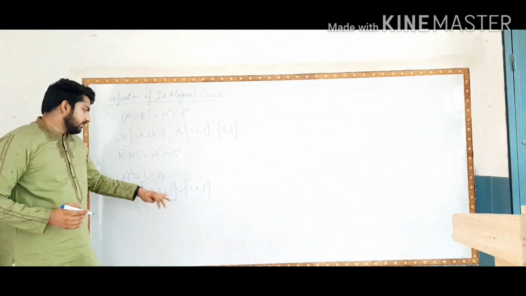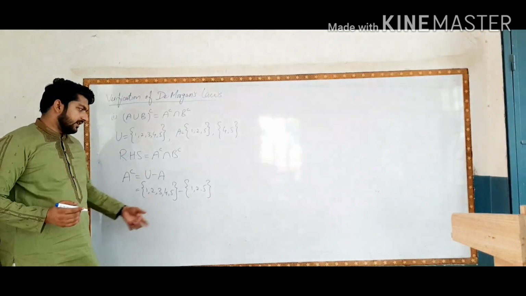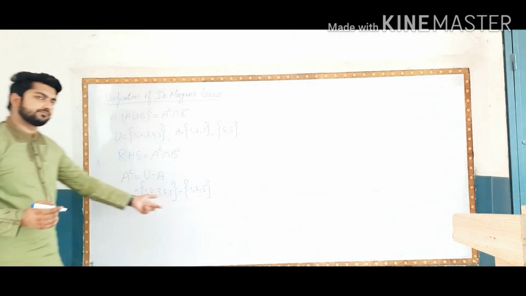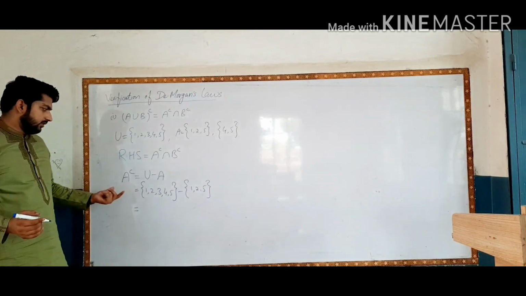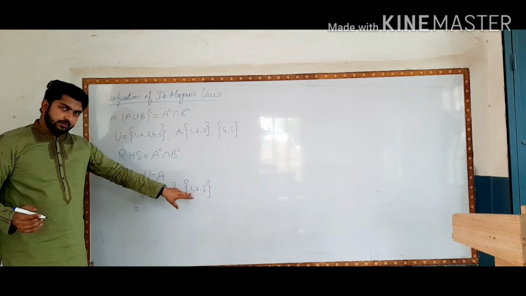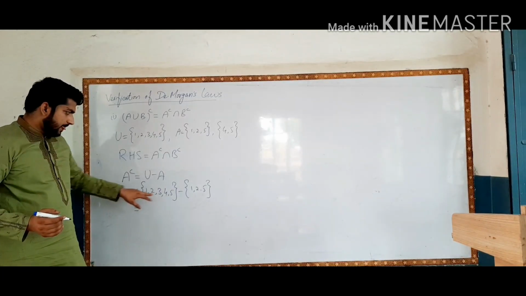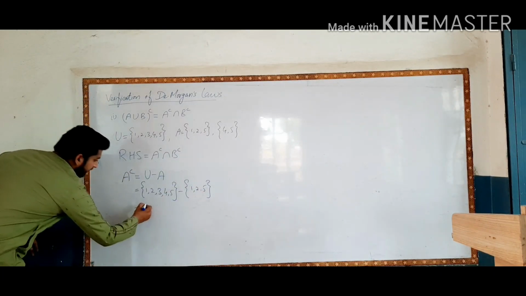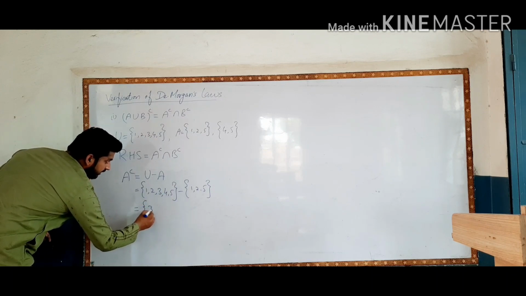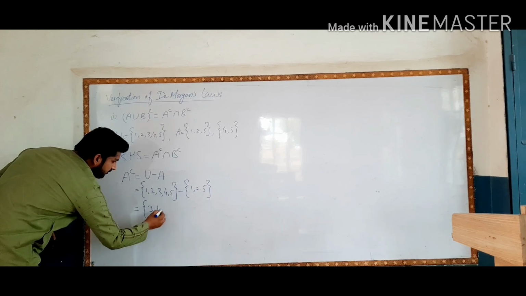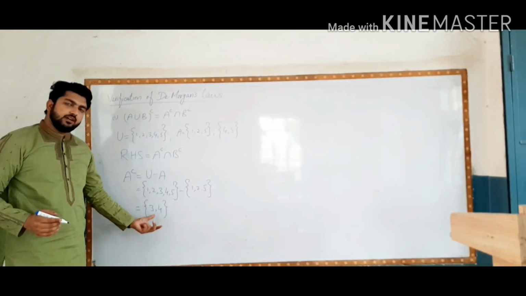I need to take those elements which are not present in set A. So 1, 2, 5 have to be skipped from this set. The remaining elements are 3, 4, so A complement is equal to {3, 4}.